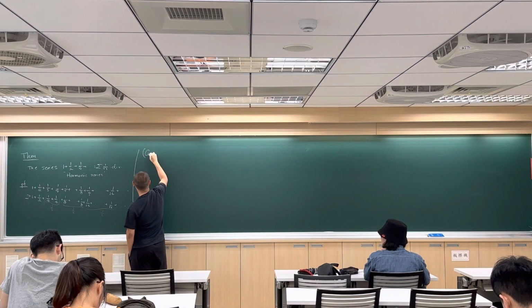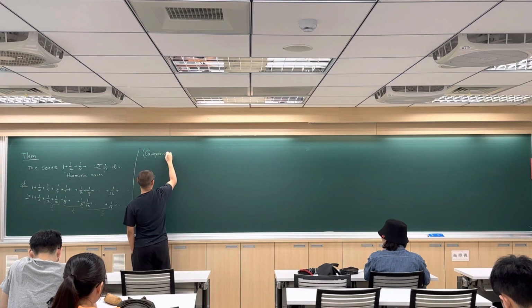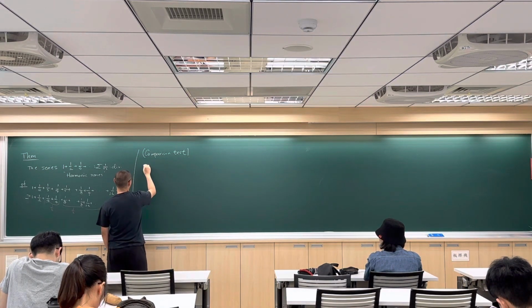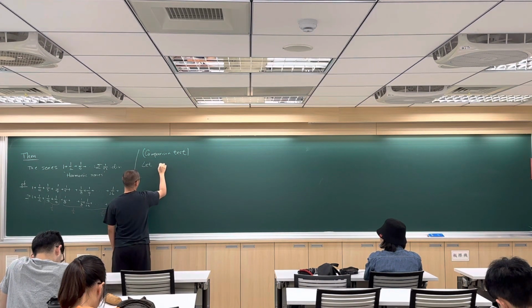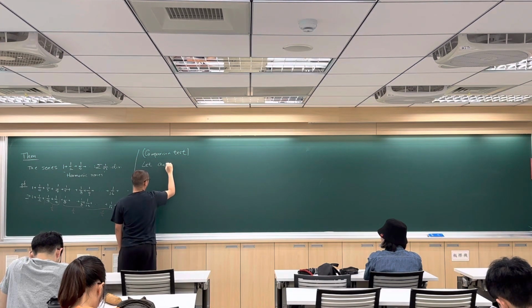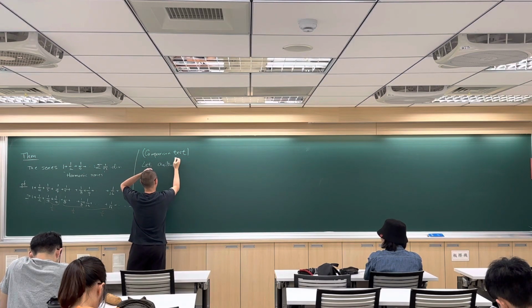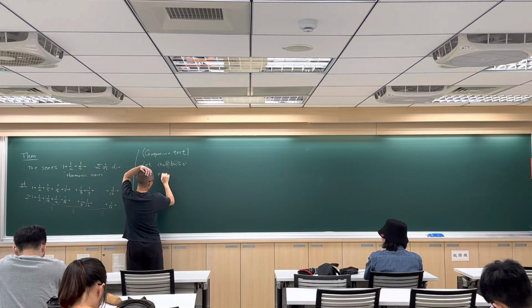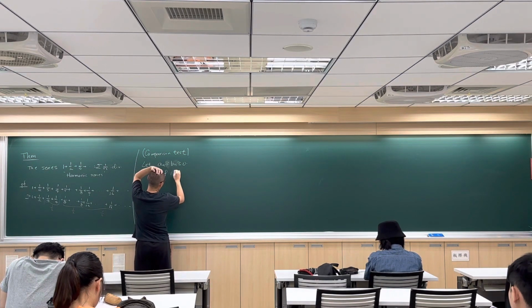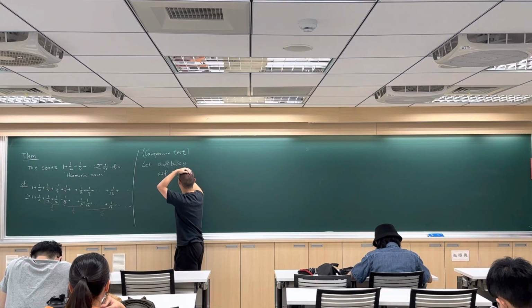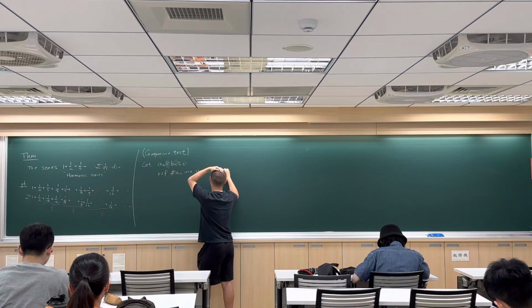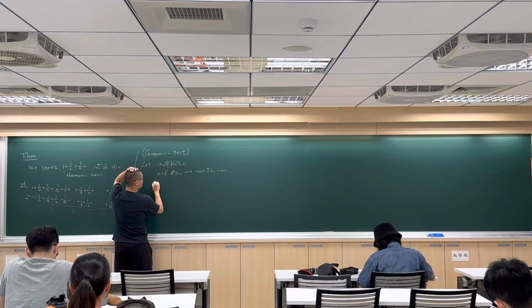One, the comparison test. If an is larger than or equal to bn, larger than or equal to 0, and if an converges, then bn converges.